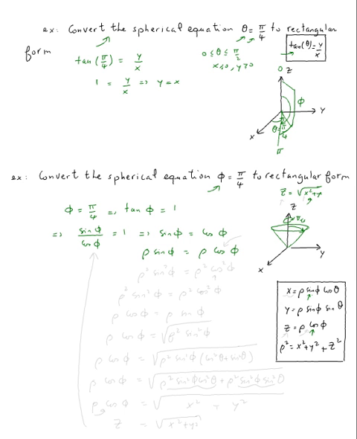So this is what we need to do. We need to square them probably now. Let's square both sides. Rho squared sine squared phi is equal to rho squared cosine squared phi. But this is going to be z and I need the x and y.